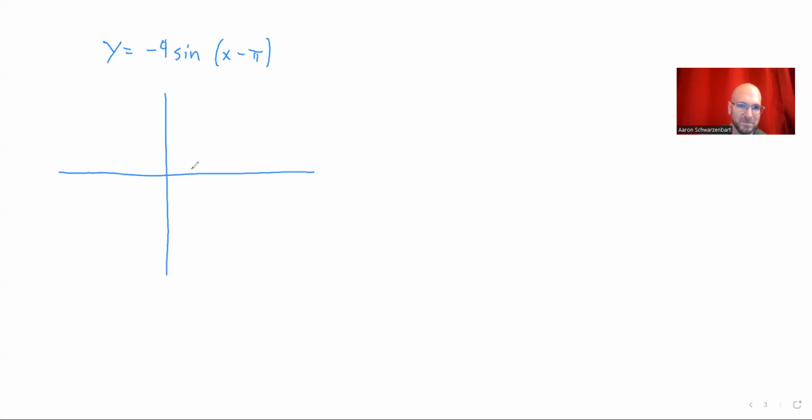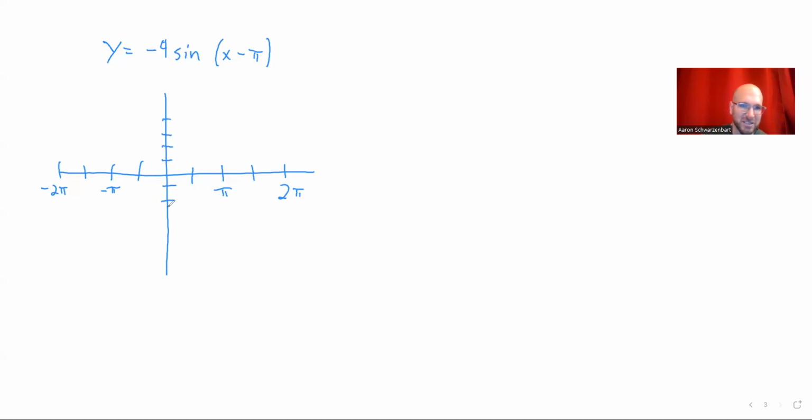Let's do a couple more. This one, my midline is right on the axis.